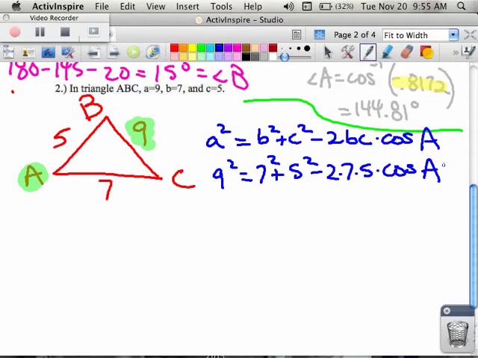And now I have a bunch of numbers. So I move the numbers that were squared to the left side, they both become negative.